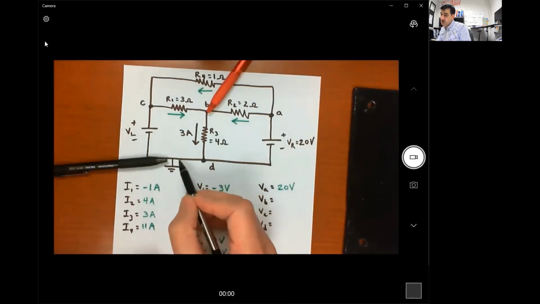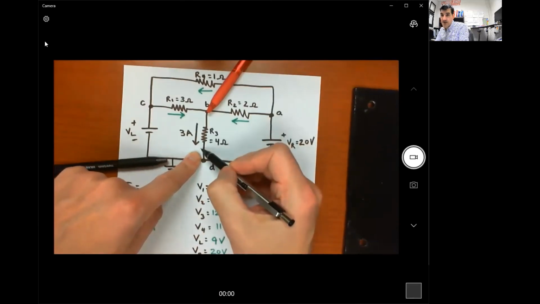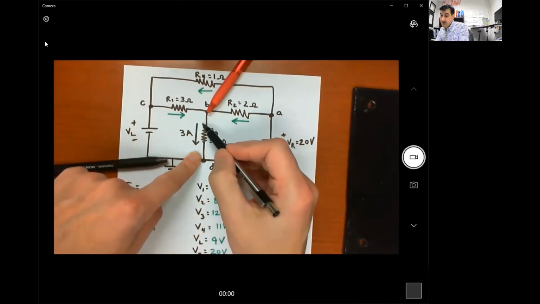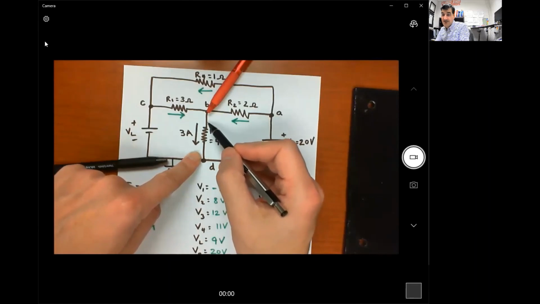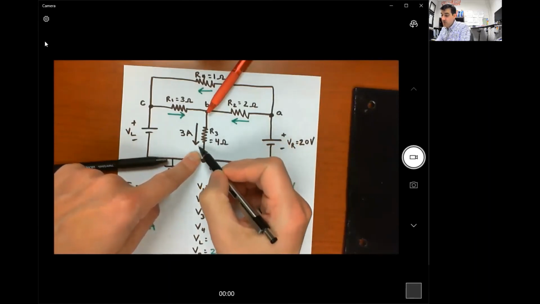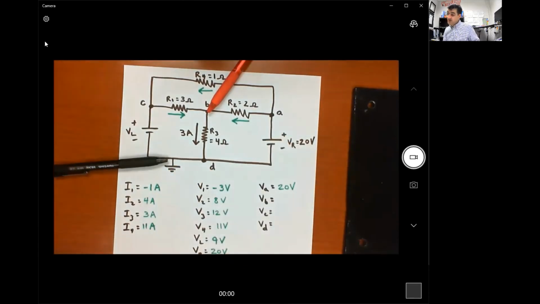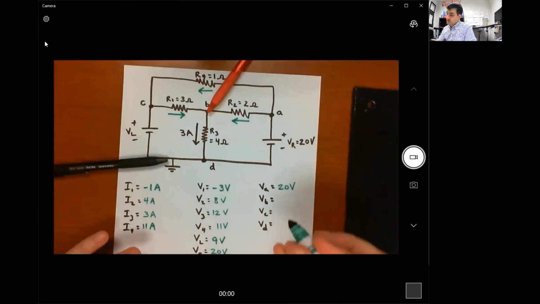So what must the voltage here be? It must be 12, so that I can drop 12 from here to here and be at 0 when I get here. So the voltage at B must be 12 volts.